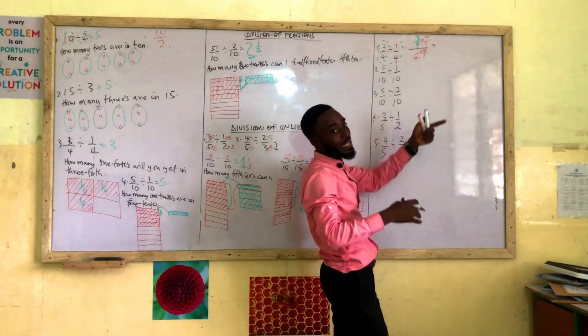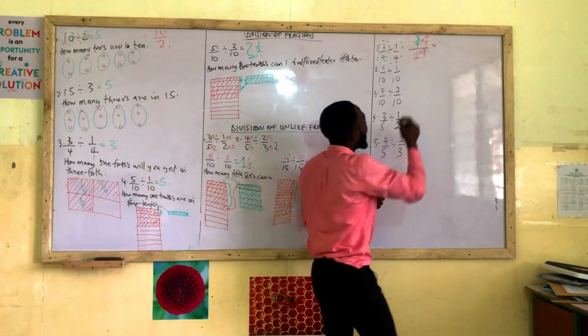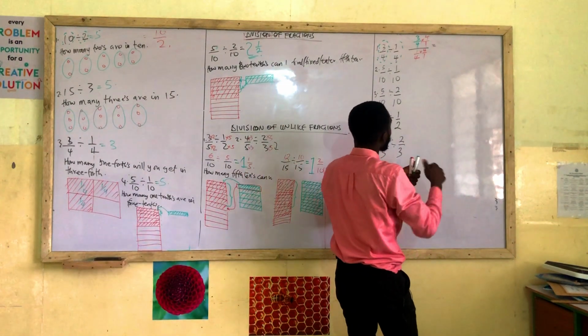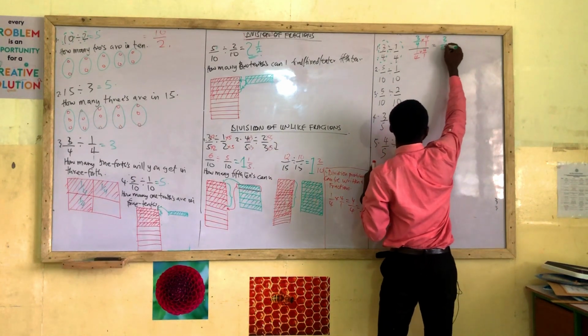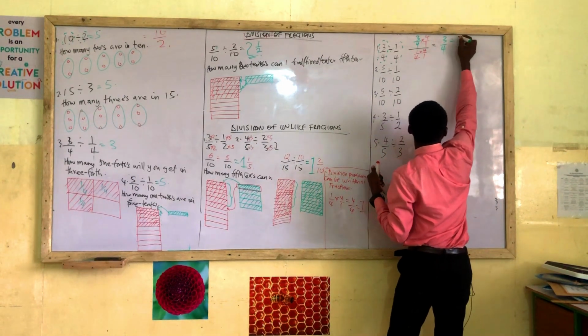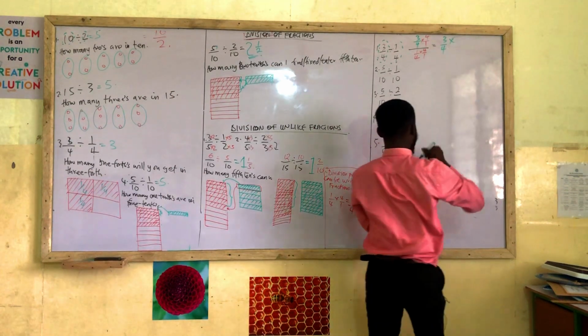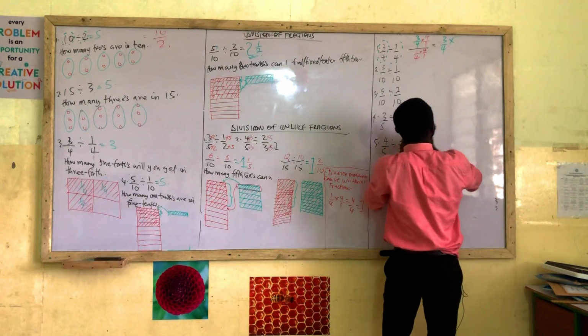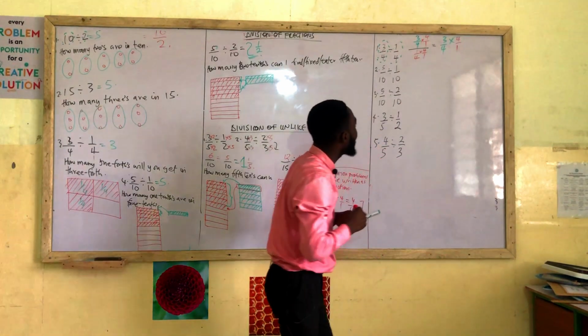And anything divided by 1 is itself. Can you see that? Yes. So I will now have 3 out of 4 multiplied by 4 out of 1. Is that okay? Yes.